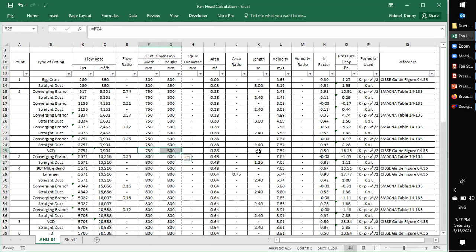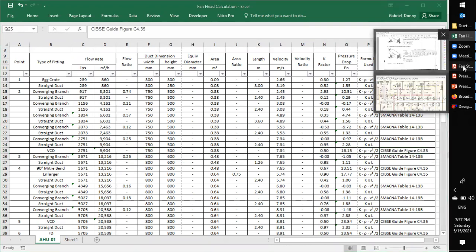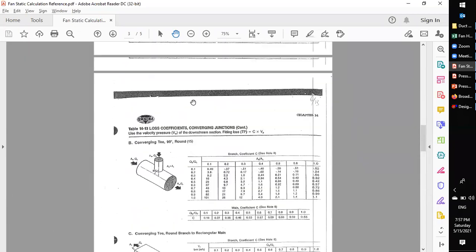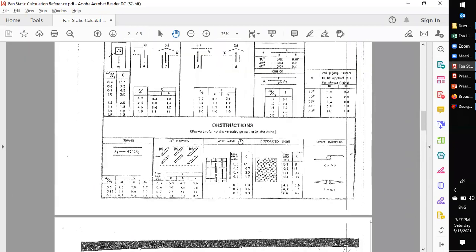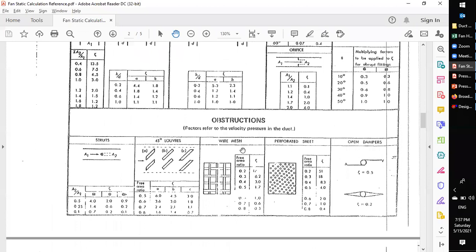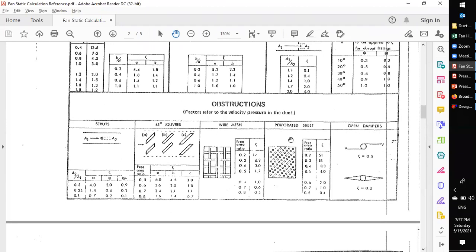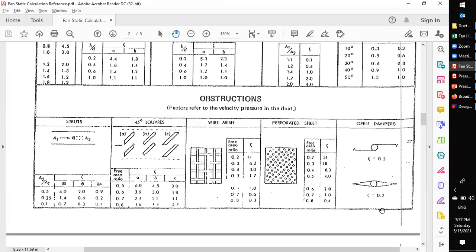The pressure drop for this fitting can be seen using the SIBSE guide. Okay, let's go to the SIBSE guide. Under obstructions, there are dampers: the butterfly damper and the vane type damper.